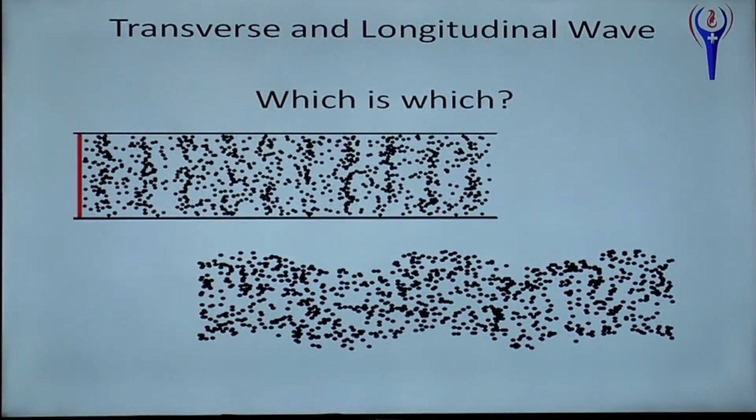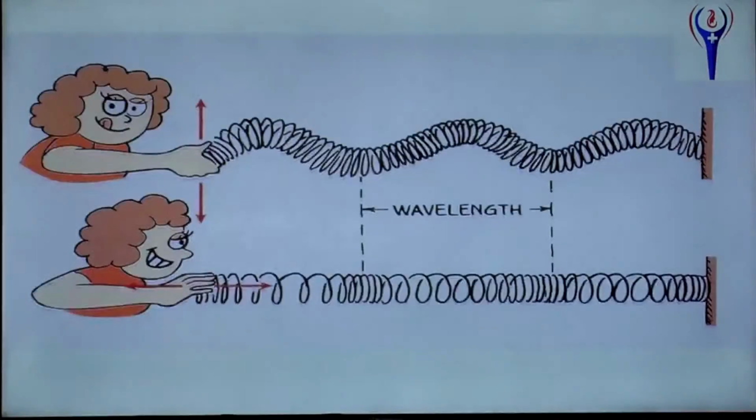Here, which is a transverse wave and which is a longitudinal wave? First is the longitudinal wave, and this is a transverse wave, which vibrates perpendicular. This is how spring waves are produced, moving like this. Compression, rarefaction, like that, it will transfer.